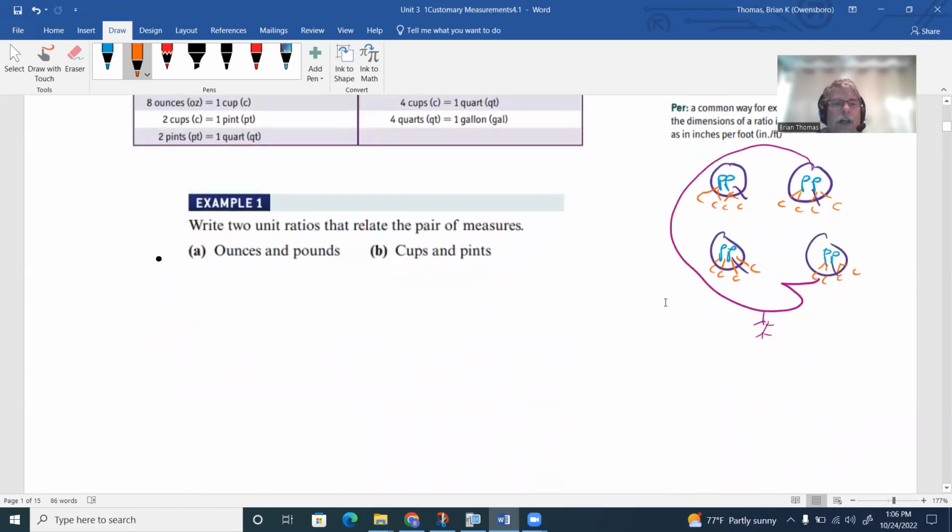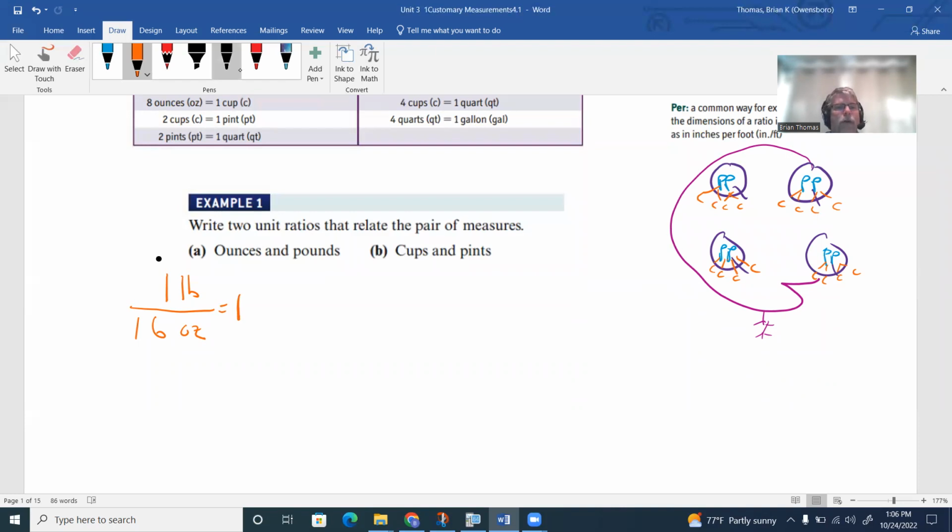So if I look at ounces and pounds, I can write a unit ratio with ounces to pounds. So if we put 1 pound on the top, 16 ounces on the bottom, what I pick up on is these have the same value. 1 pound and 16 ounces are equivalent. So this represents a value of 1.